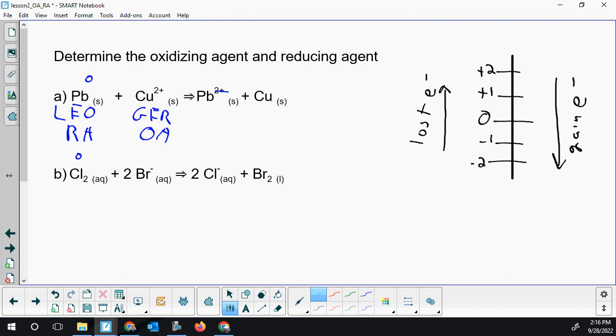So our chlorine is going from 0 to -1. It's becoming more negative. So you either have to do this number line in your head or realize it. So it's gaining electrons because it's going down. So that's our GER, gaining electrons, reduced. So if it's reduced, it's the opposite agent. That's our oxidizing agent.